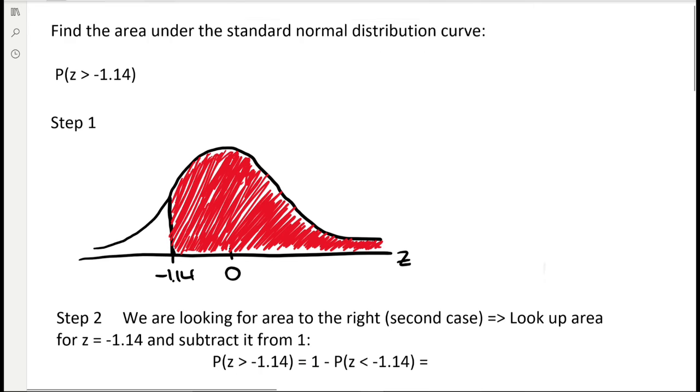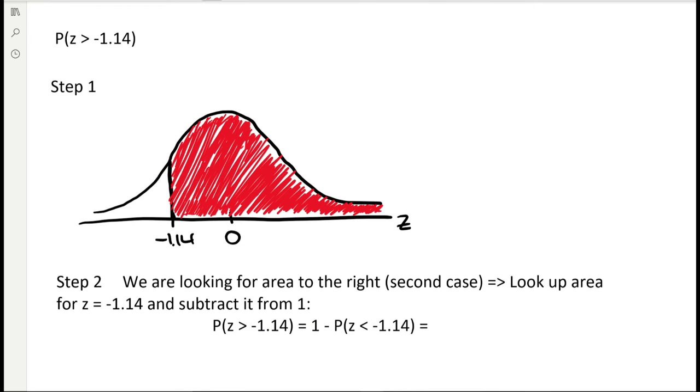So next, since we're looking for the area to the right, which is the second case, we need to look up the area for negative 1.14 and subtract it from 1. Why is that? Well, remember that the table gives us the area to the left by default. And so if we want to get the area to the right, well, we know the entire curve is worth 1.